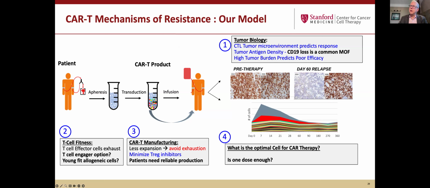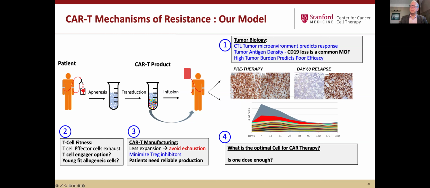A lot of this is based on the actual tumor biology. Not everybody has the same exact type of large cell or follicular or other types of lymphoma. The tumor microenvironment is very important, as is the expression of the antigen on the surface that the CAR is targeting. It's easier to target more antigen than less antigen. And if a patient has a lot of tumor, it's more difficult to cure than if a patient has been prepped and has a lower disease burden going into the therapy.